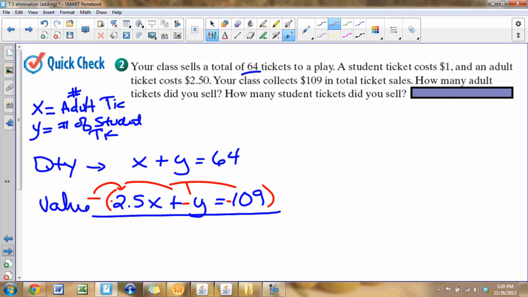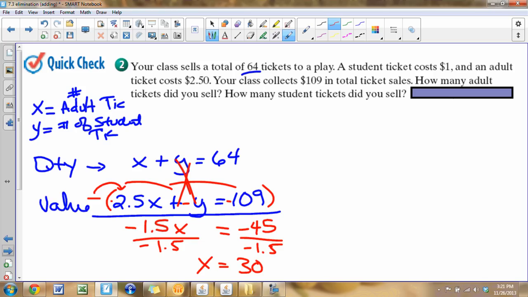But when I add my x's, I get negative 1.5x. And then 64 minus 109 gives me negative 45. And divide by negative 1.5. And I get x is 30. So I have 30 adult tickets.